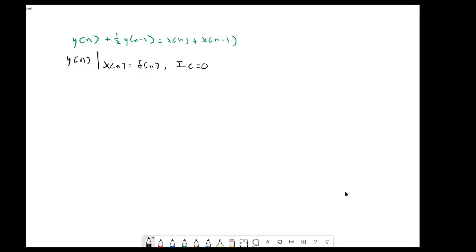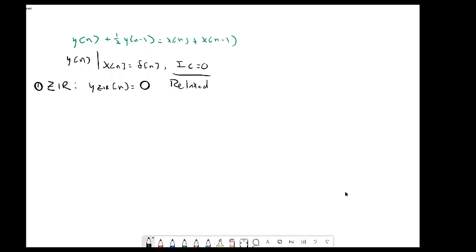So right off the bat, it seems like we've simplified the process a little bit, because normally we would go after the 0 input response, but in this case, the 0 input response is going to be 0 because we have a relaxed system. All those initial conditions are 0.